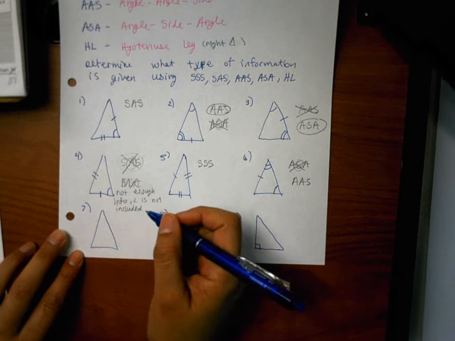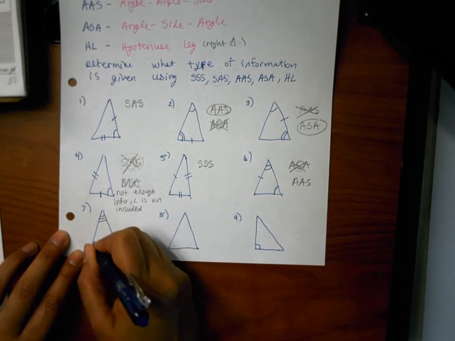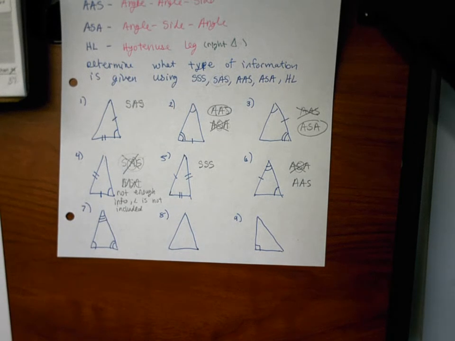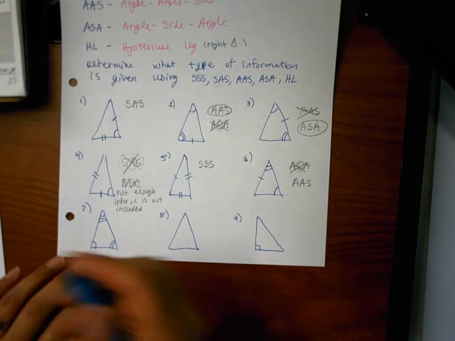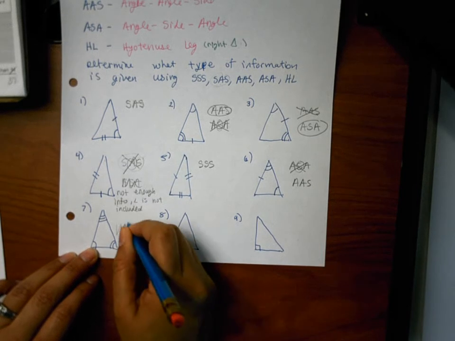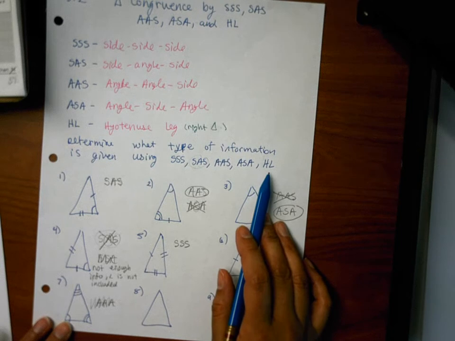Okay, next one is, I'm going to put 3 up there, 1 here, and 2 there. All right, any side markings? 3 angles, so is it AAA? Why not? Is AAA a possibility? It is not.